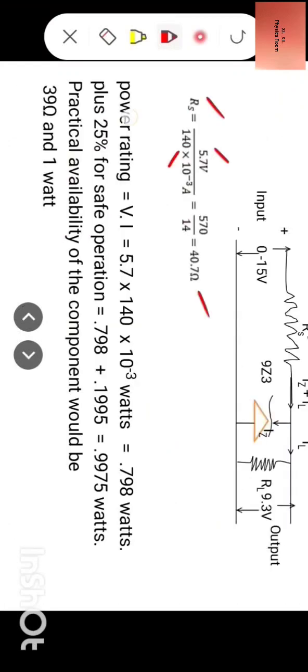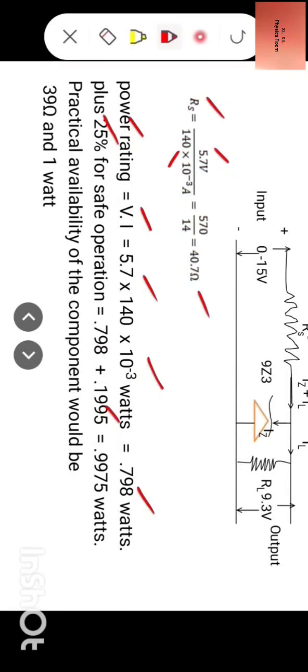Now what should be the power rating of this resistance? Power rating is equal to V into I. So we have 5.7 into 140 into 10 raised to power minus 3 watts. It comes out to be 0.798 watts plus 25% for safe operation. Now 25% of 0.798 is 0.1995.